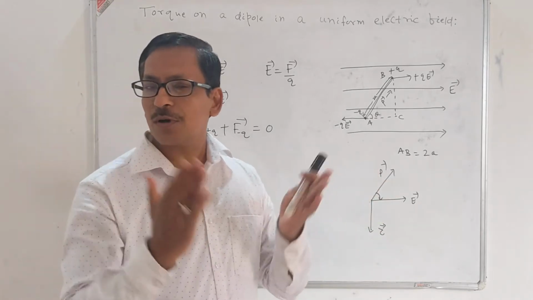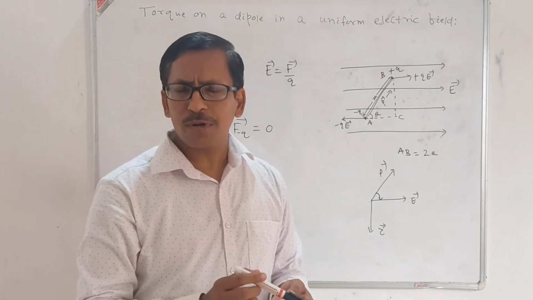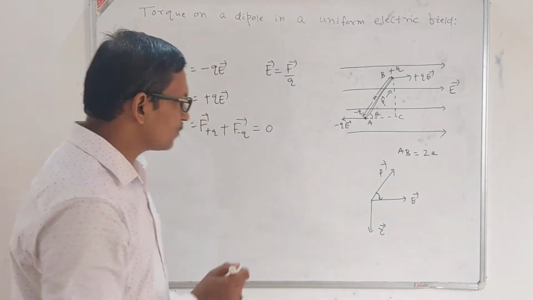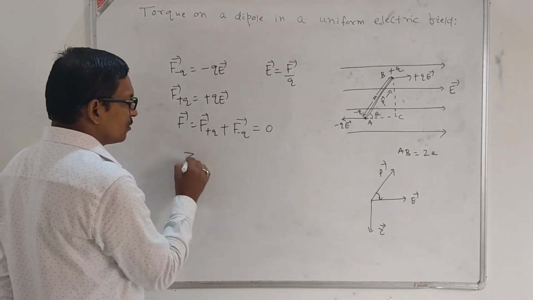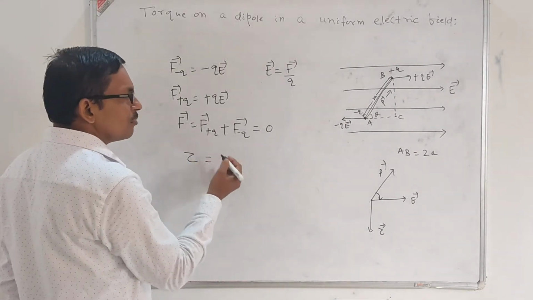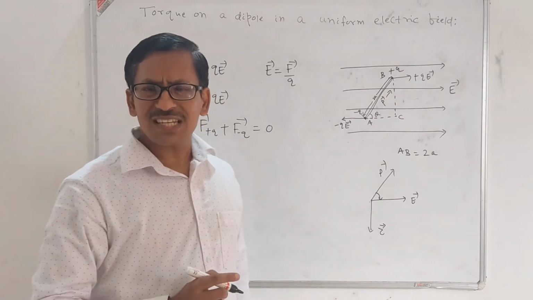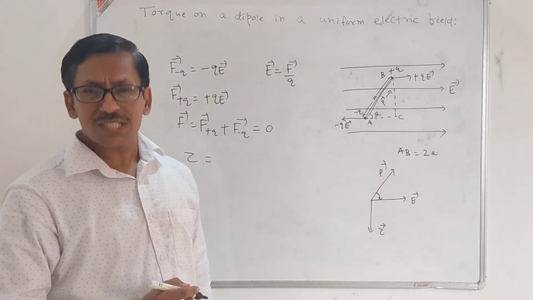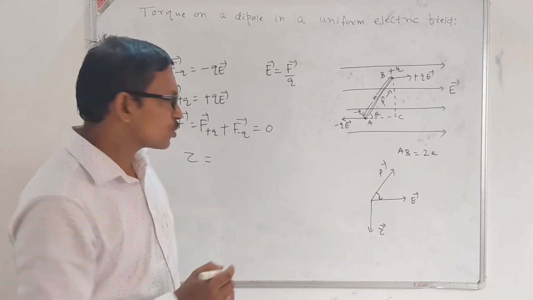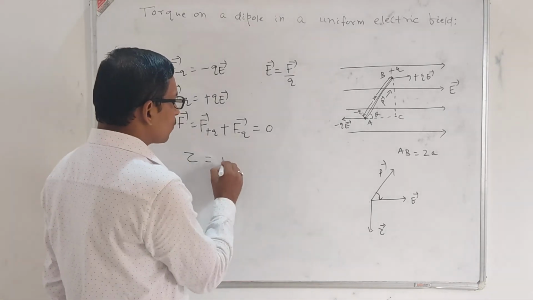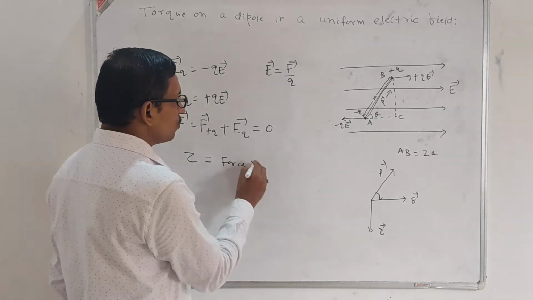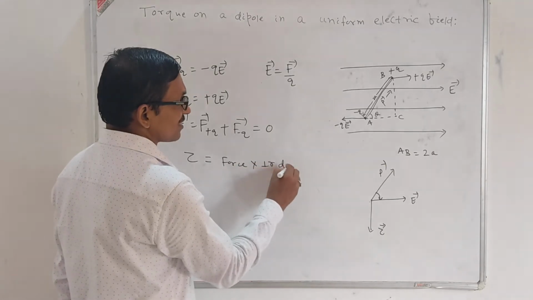Then let us find the formula for that torque. You know the formula for torque. The torque is represented by the symbol tau. The torque is equal to either force into the perpendicular distance between the line of action of the two forces. Right? So torque equals either force into the perpendicular distance.